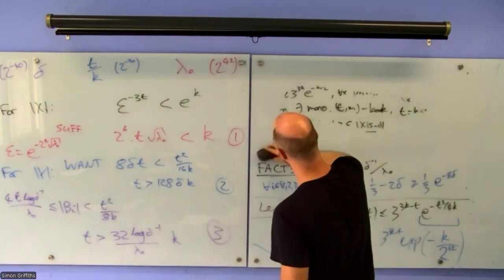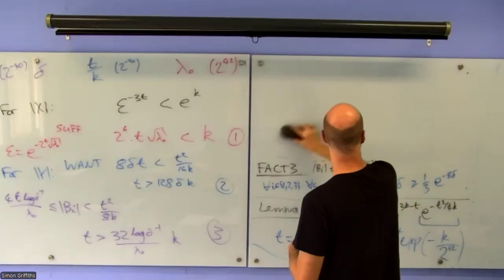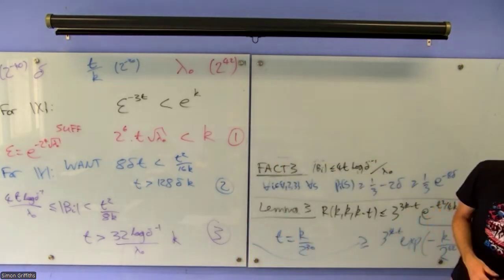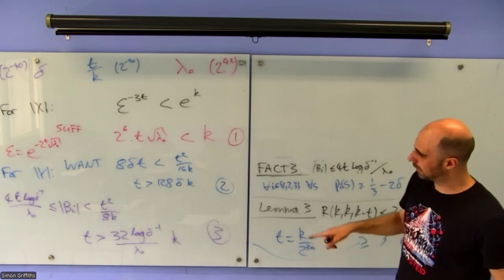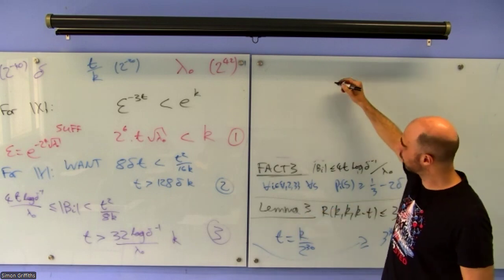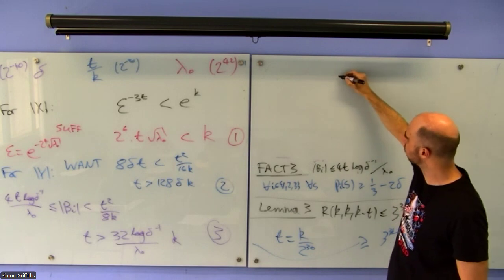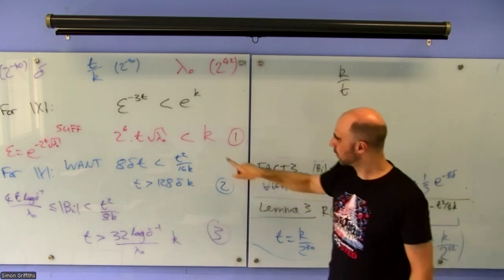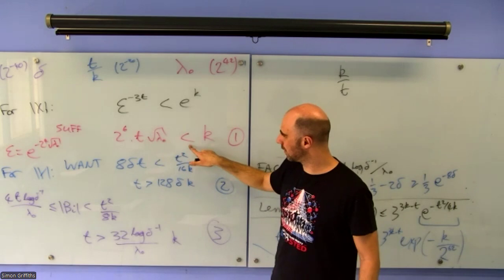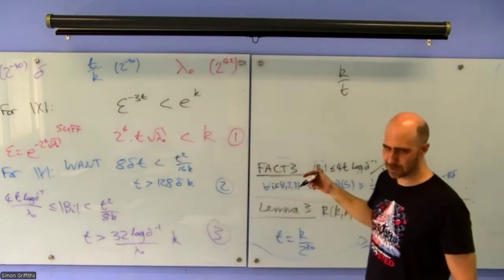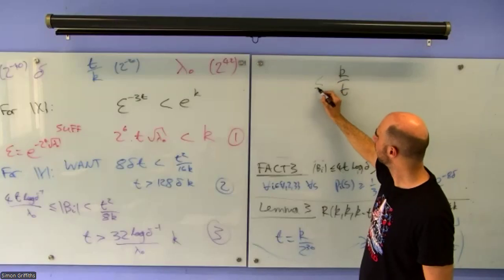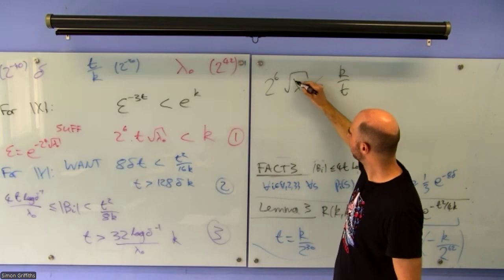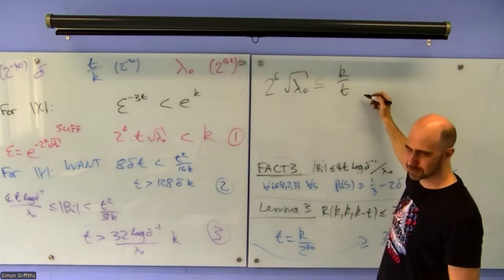And now let's simplify by putting these three things together in one line and see how we could pick the parameters correctly. I could say t over k, but I think I'll do k over t just to switch around. So k over t, this first one is saying k over t is at least 2 to the 6 root lambda 0. So 2 to the 6 root lambda 0 is less than or equal to k over t.